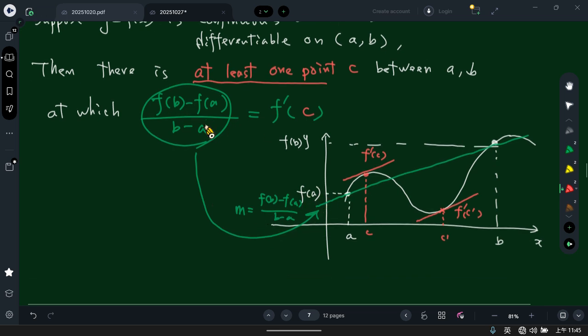So you can follow: the left-hand side is the slope of the line which connects these two points. For the right-hand side, f prime of c means you can find at least one point which provides the same slope as this one. Here also f prime of c prime.